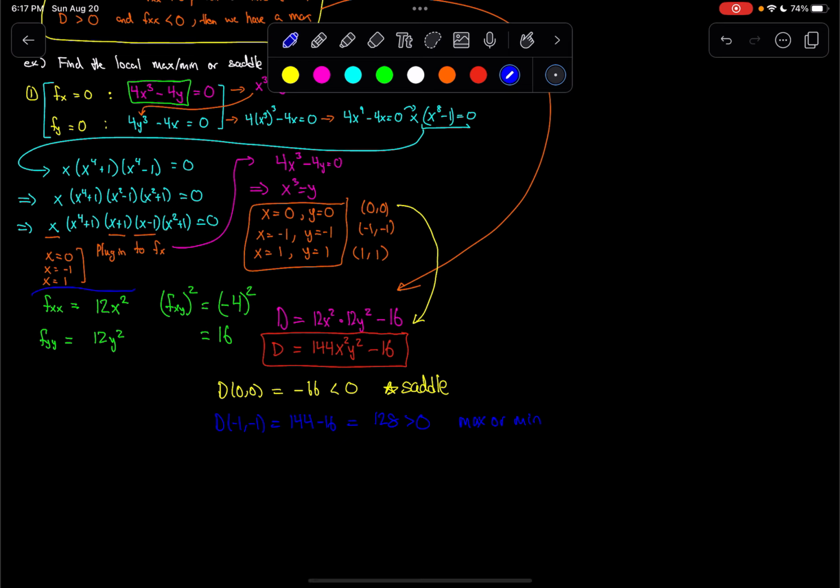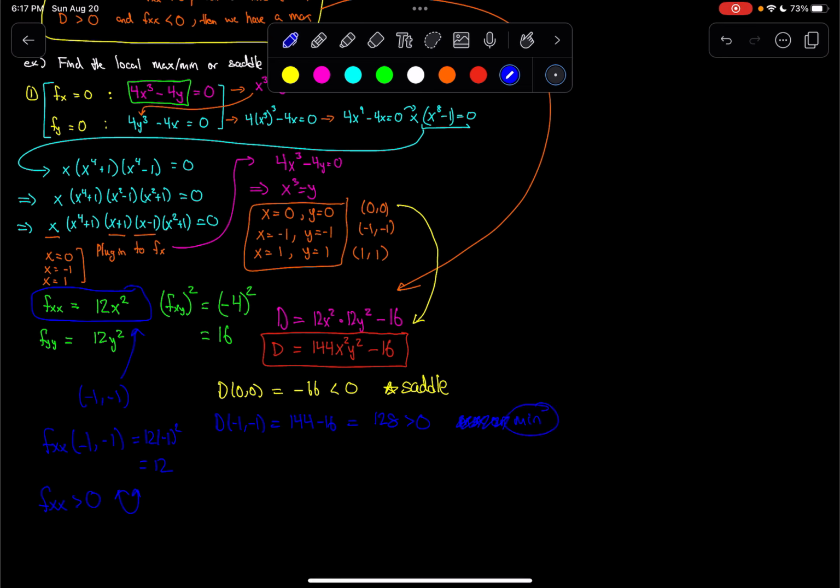So let's go to our second derivative over here and plug in the point (-1, -1). The second derivative evaluated at (-1, -1) is going to be a positive number. It's going to equal 12 times -1 squared, which is just 12. So the second derivative is positive. We're concave up, which means we have a minimum at this point.